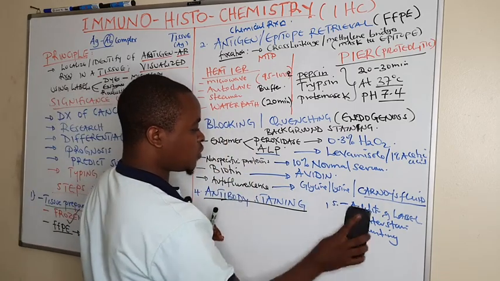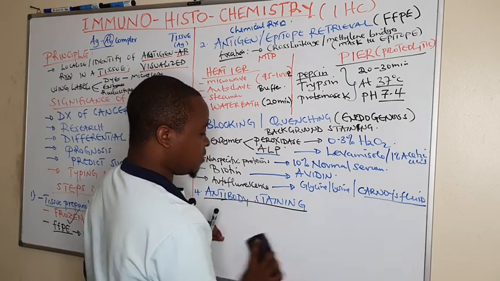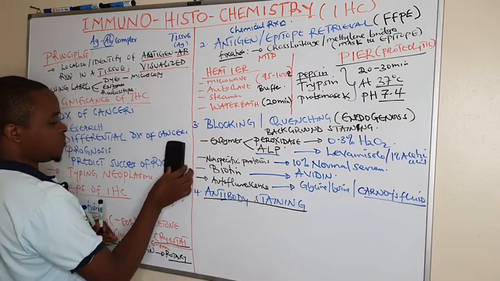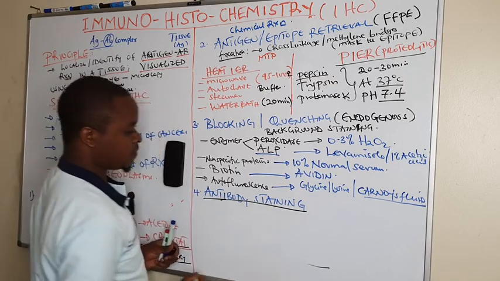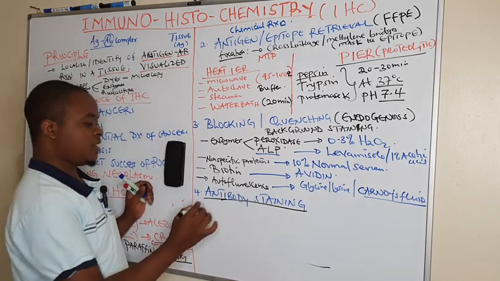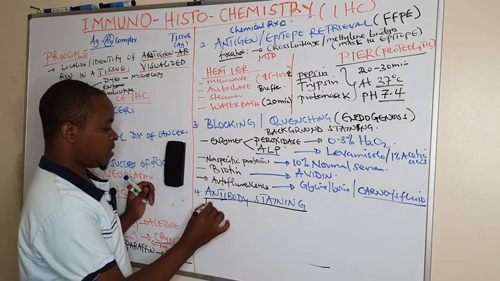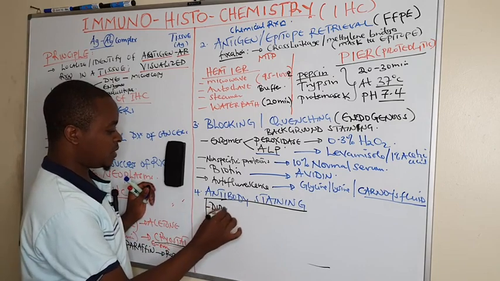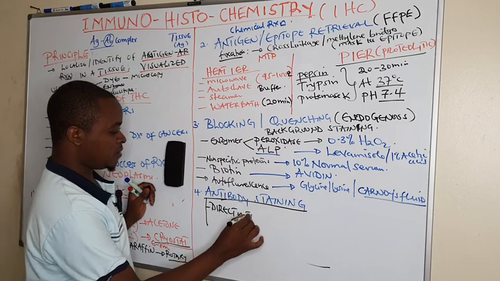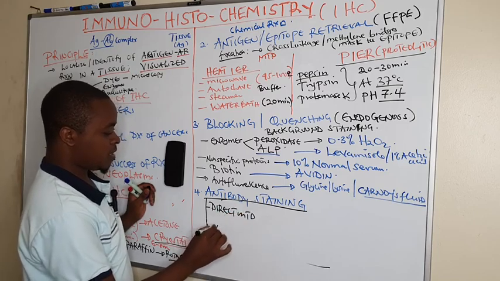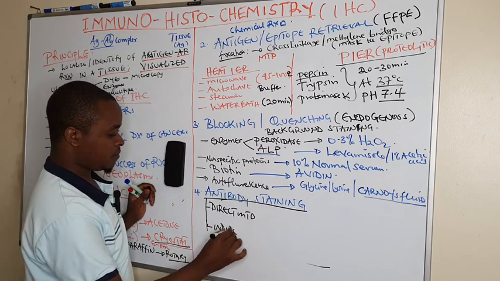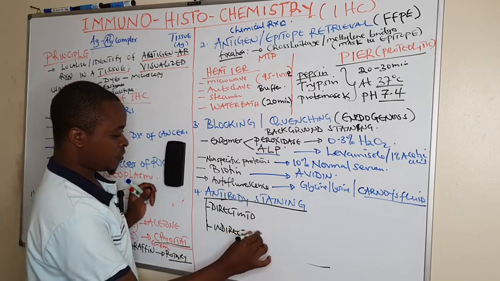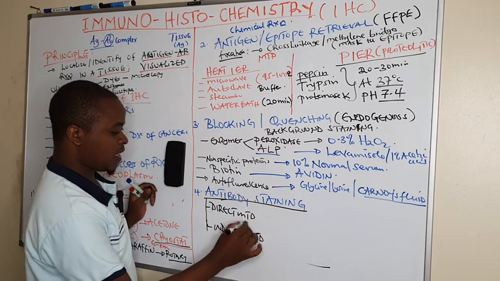Let us talk about antibody staining. Under antibody staining, we have two methods: method number one is the direct method, or we can use the indirect method. This is what is known as direct IHC and indirect IHC.